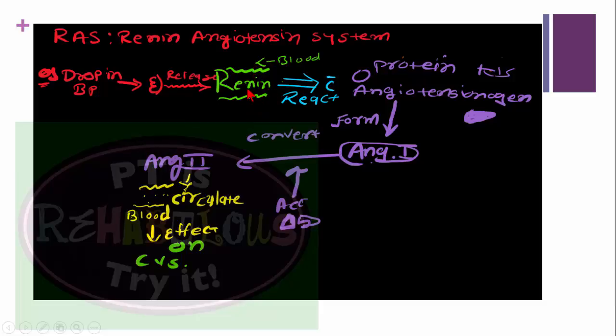This renin will react with a protein known as angiotensinogen, produced in the liver, and form angiotensin I. Angiotensin I is acted on by angiotensin converting enzyme from the respiratory system and converted into angiotensin II, which circulates in blood and affects the cardiovascular system.